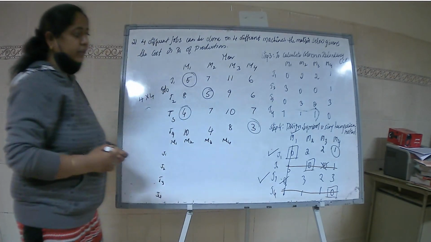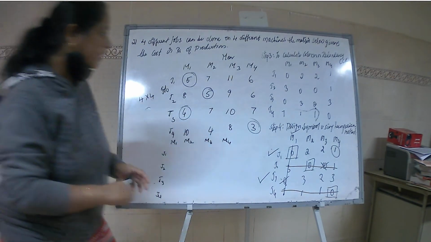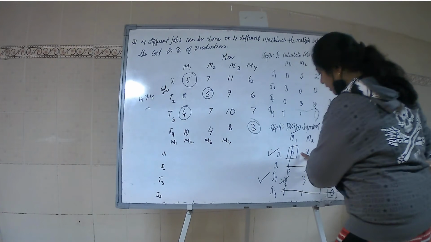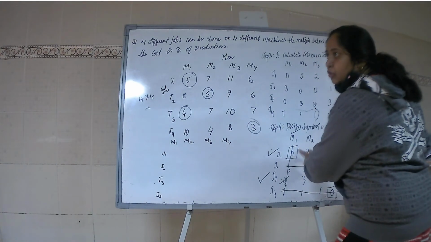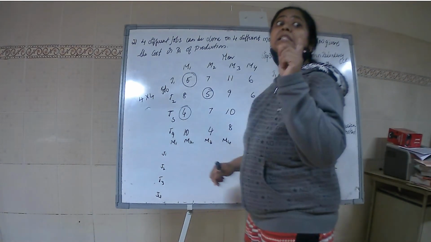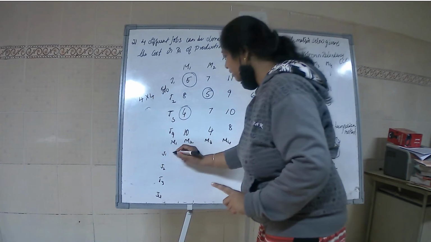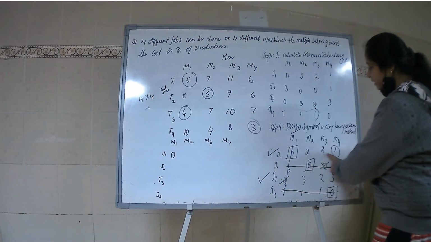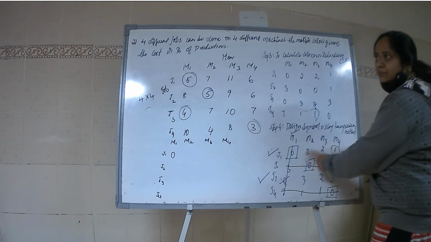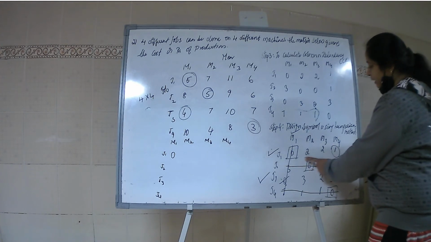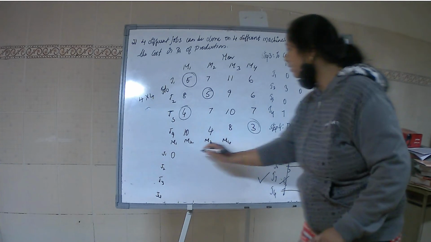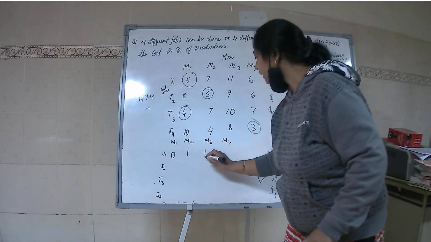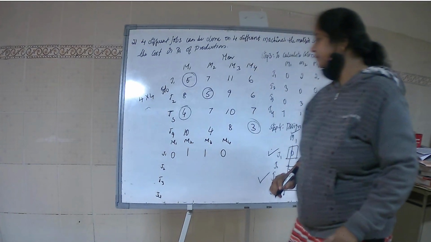Now listen carefully, students. Here there is a single strike, so you have to write the same value, 0. Now here you don't have strikes, so you have to subtract the minimum value. That is 2 minus 1 is 1, 1, 0.